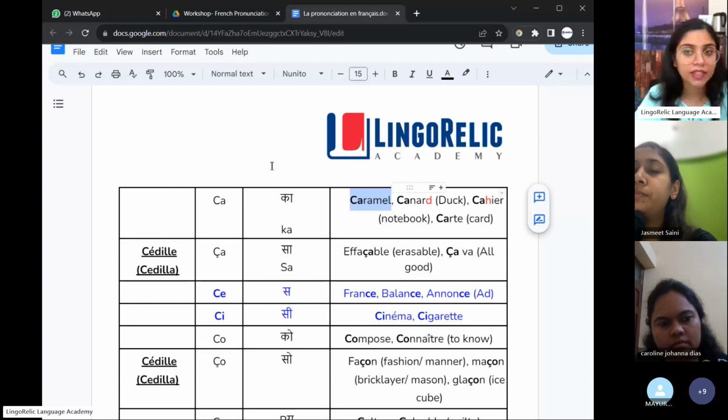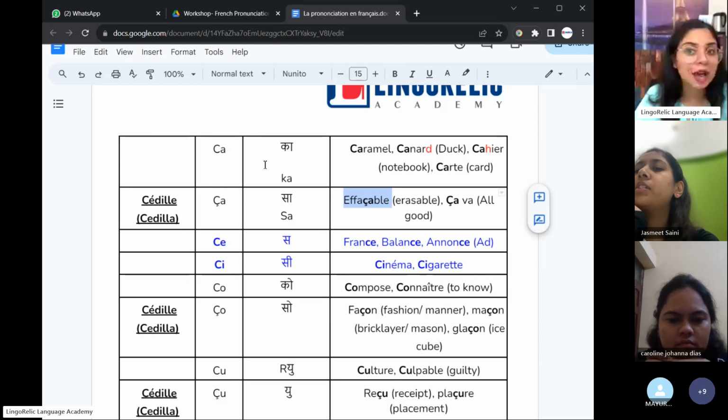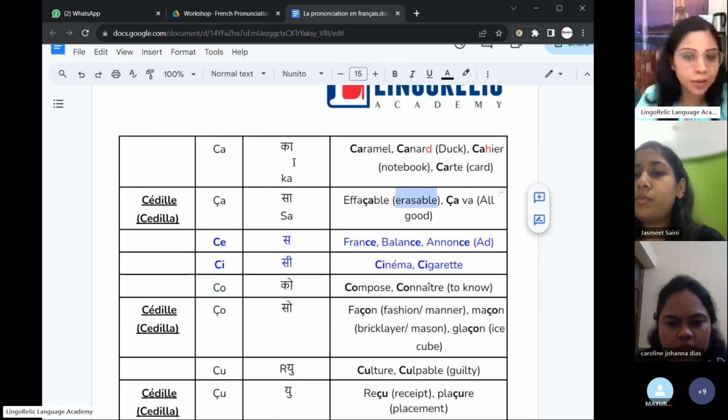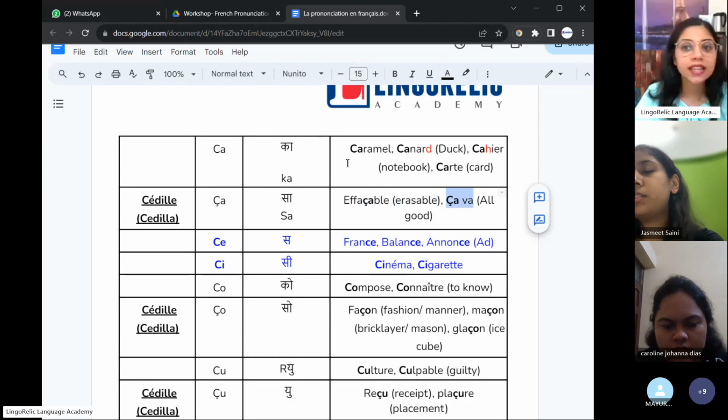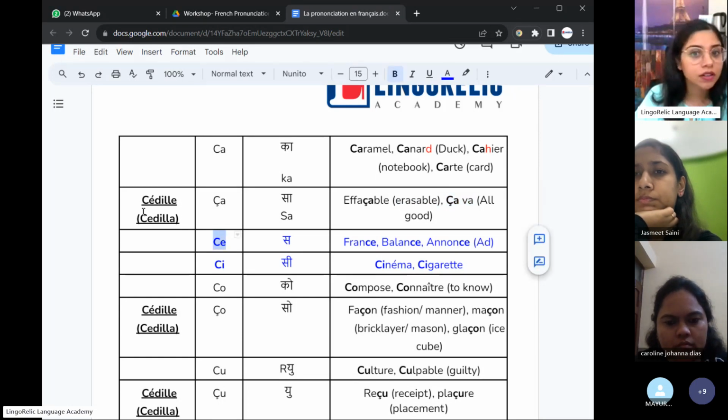Caramel. Yes. Canard, cahier, carte. However, you have sa: effaçable, which is erasable. The K sound becomes S here. And this is ça va, which means all good.